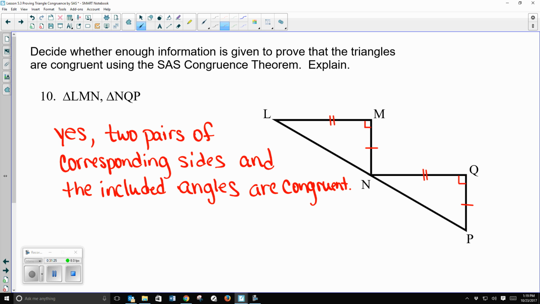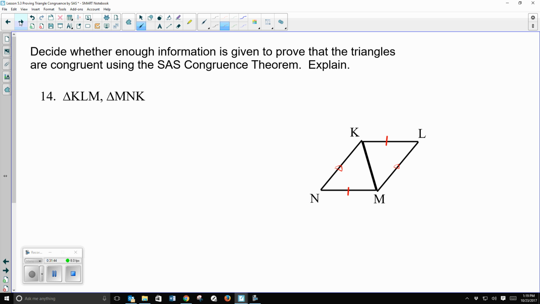One more problem. Oh no. Let's just look at this one real quick because we're running out of time. I forgot we had this one. False. The answer is no. Why? There's not enough information.